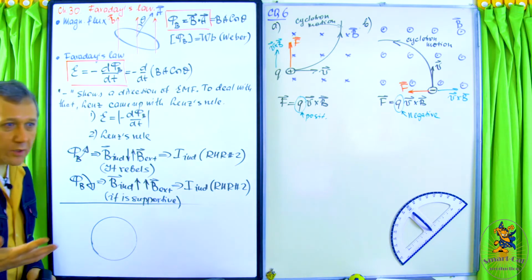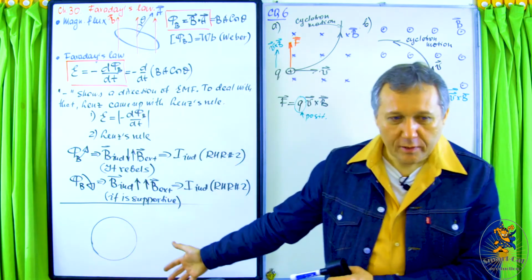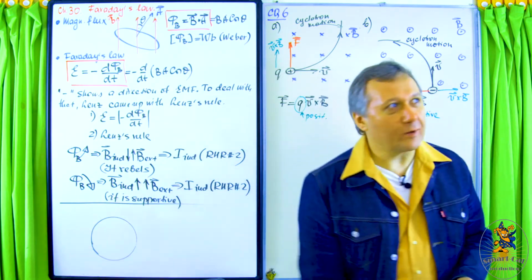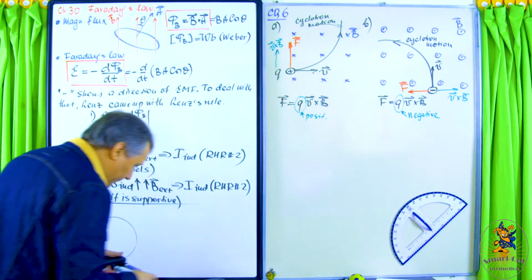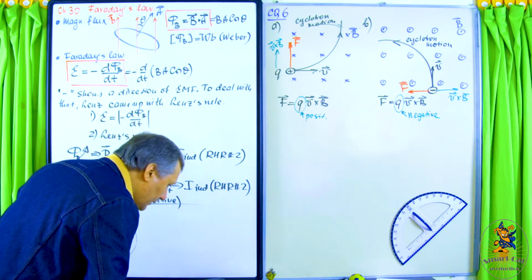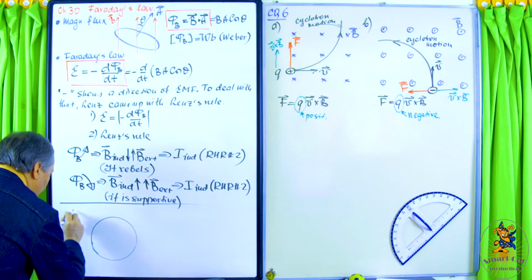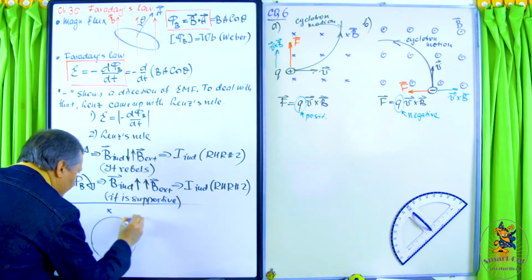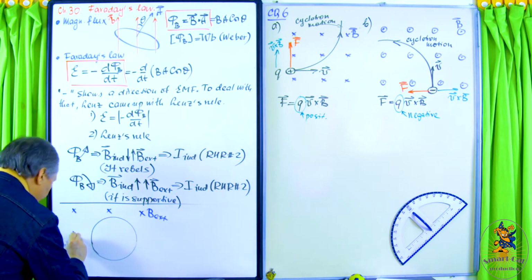Okay, and usually, since we set up the experiment, we decide what's the direction of the external magnetic field. So in this case, it's given. The direction of the external magnetic field is cross, it's into the board. So that will be my B external.